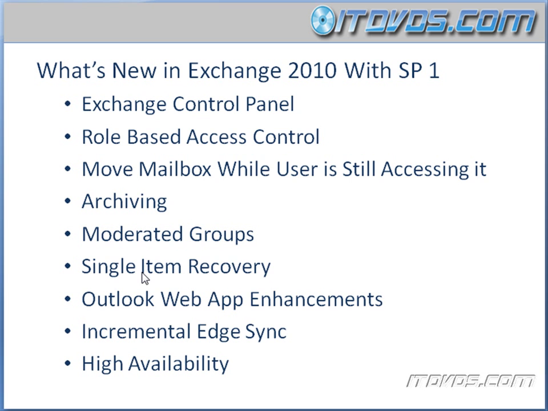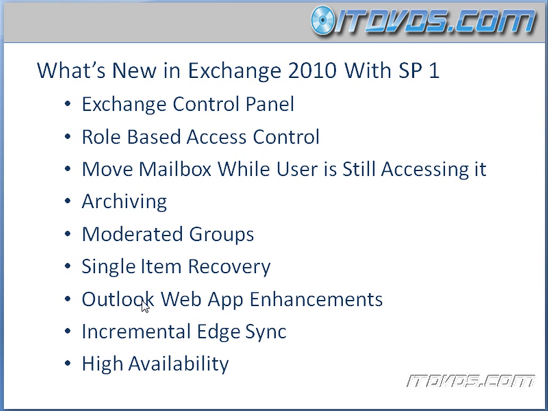Well, now with Exchange 2010 and single item recovery, we can make it so that users cannot permanently delete an email. They might think they're permanently deleting the email. They can't actually access the email or recover it themselves, but we as administrators can recover it without having to go to a backup to get it.